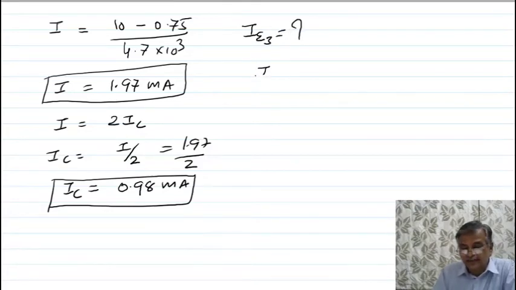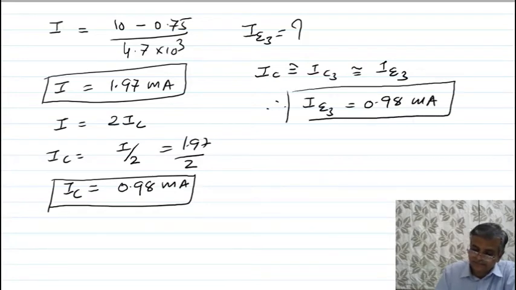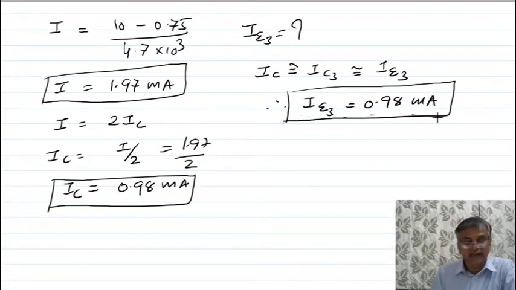So you know that collector current is nearly equal to the emitter current. Therefore I can write ammeter current is 0.98 milliampere. This is the question and you are getting the answer.